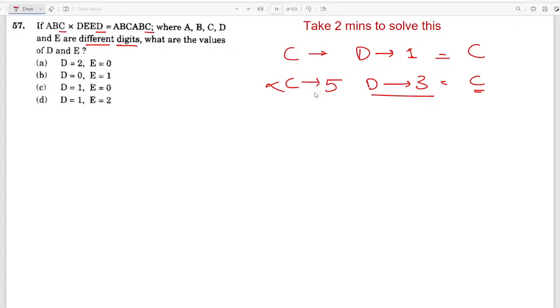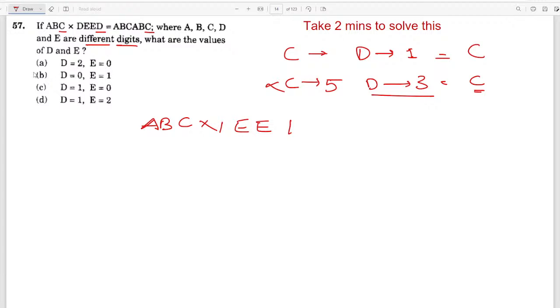So we can see here that D can be 1, and this would be 1, E, E, and 1. And ABC, when you're multiplying this by 1EE1. Let's remove D equal to 0, because if D was 0, the product would have been 0, and A, B, C and D are all different.